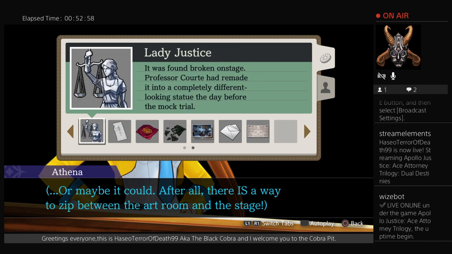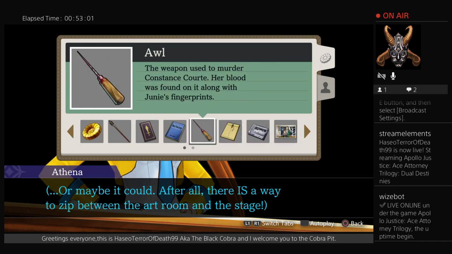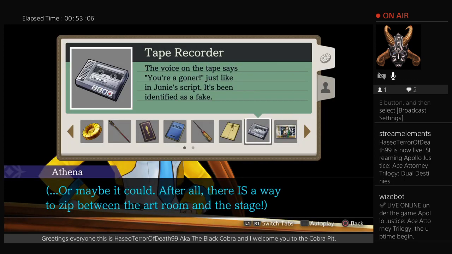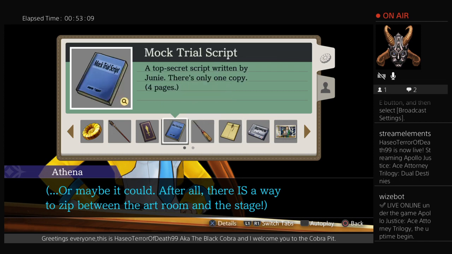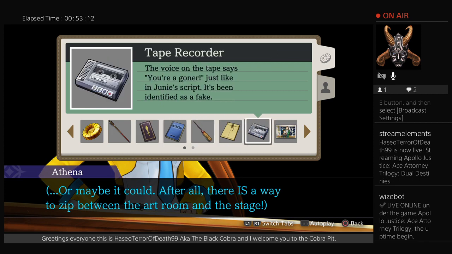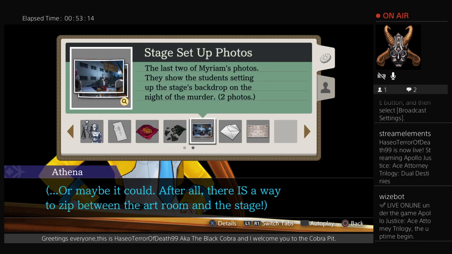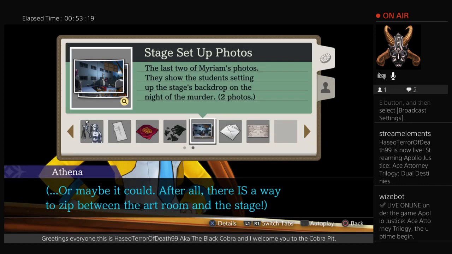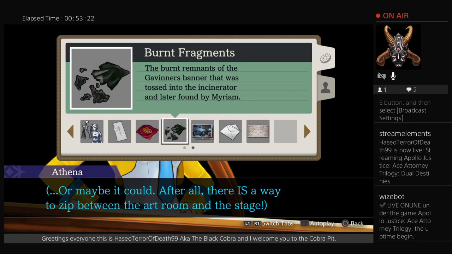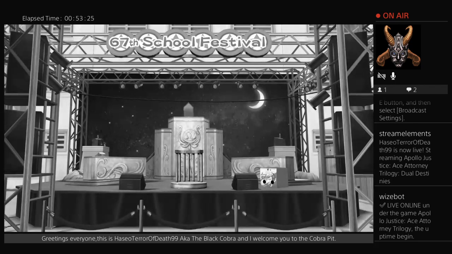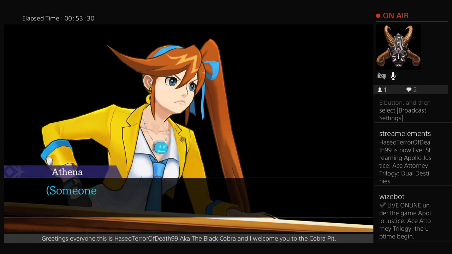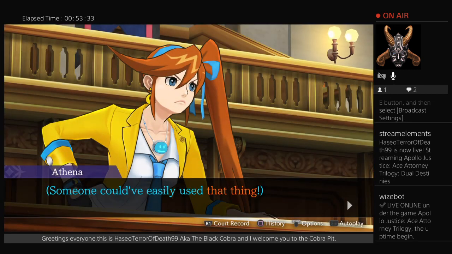It's actually that pole that we saw yesterday. Right there. Saw that? It's only for a second, but you can see it. Someone could have easily used that thing.